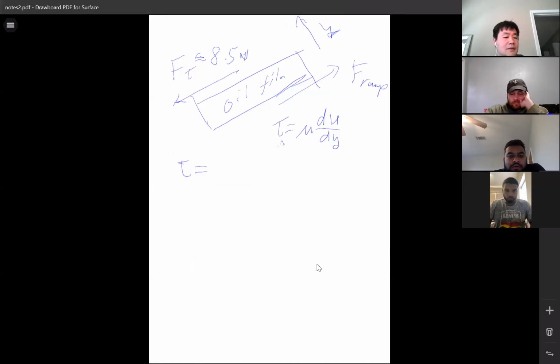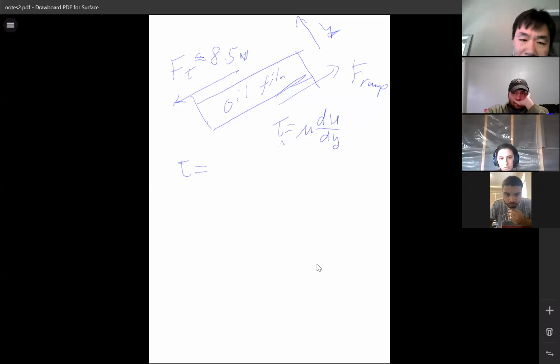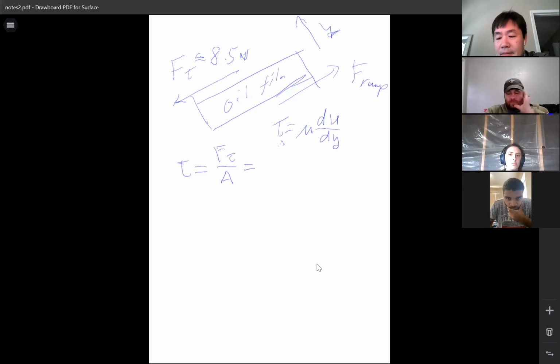Huh? Anybody? Force divided by area. Okay, in this case, F, tau, divided by area. So give me a number. Be 1 squared, right? Yeah, so what is the tau? What is the shear stress value? 8.5.